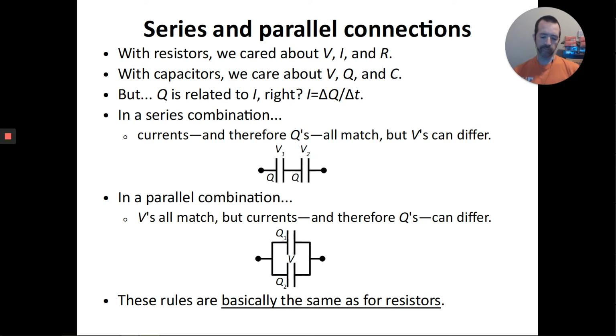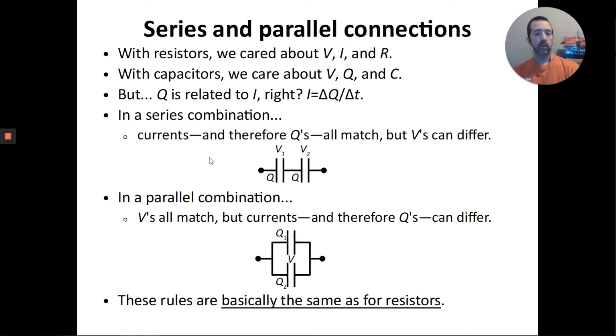So series and parallel combinations. In some ways, series and parallel combinations for capacitors are just like resistors. If you put things in series, no matter what kind of thing they are, those things will always have the same amount of current as each other.